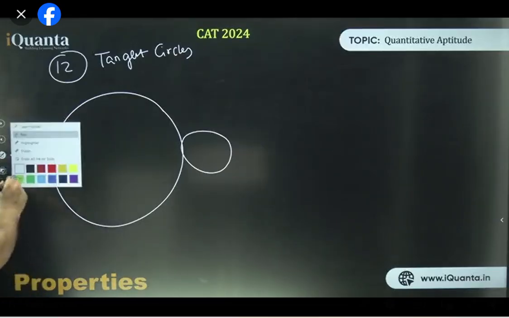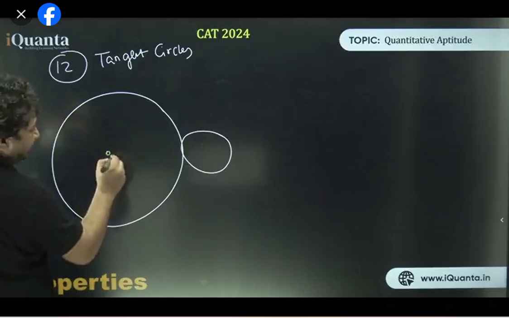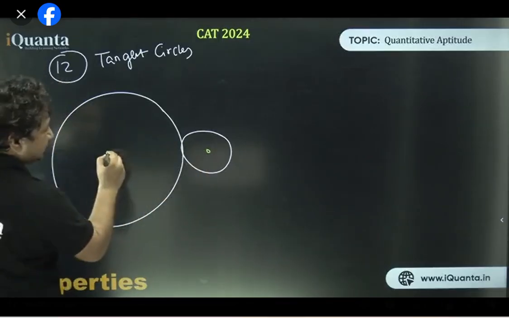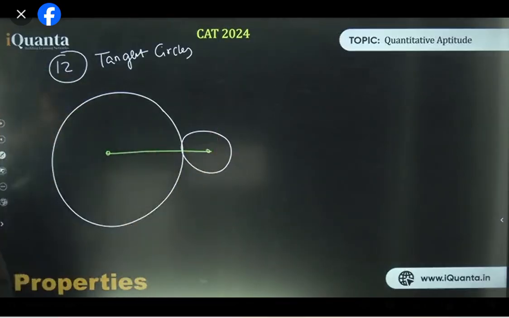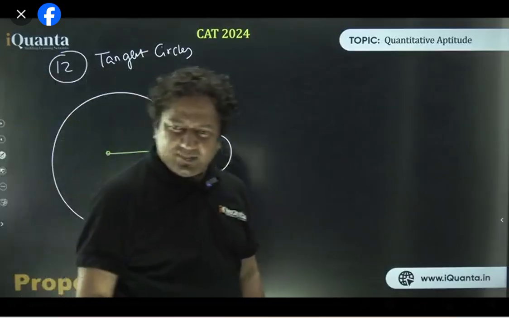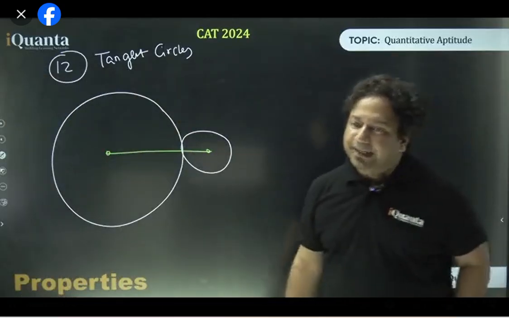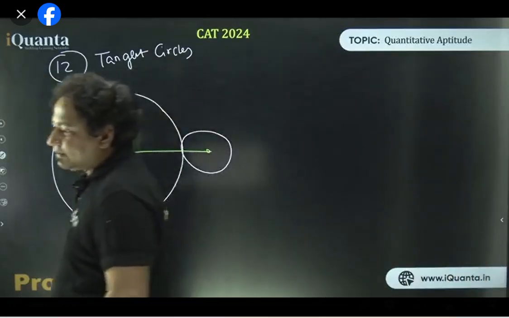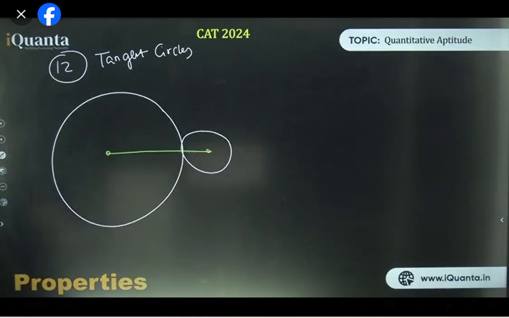All right. And if I join the centers of these circles, it will always be a straight line. It will always be a straight line. All right. Always be a straight line.